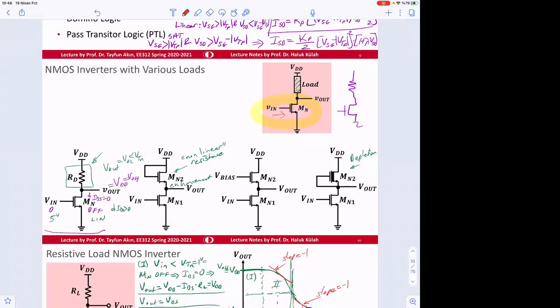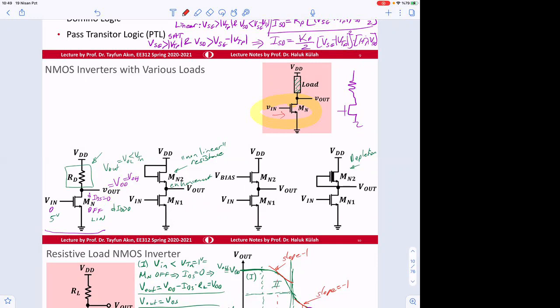But of course there is going to be capacitive load still. So that will be affecting our fan out. So fan out will be limited not by the current driving capability, but how fast we can turn this transistor on and off due to gate to source capacitance.